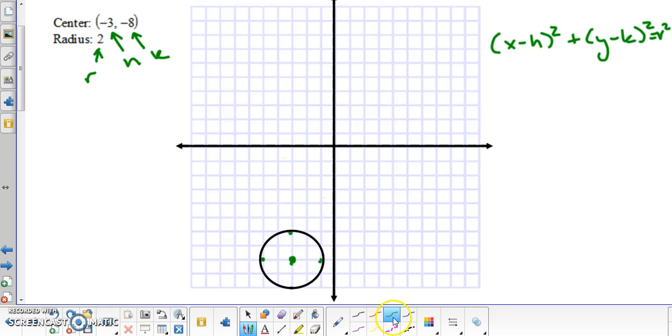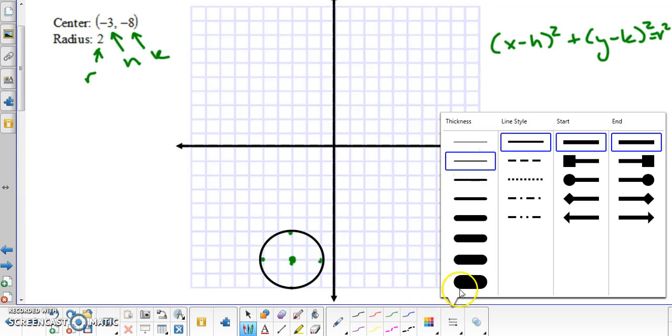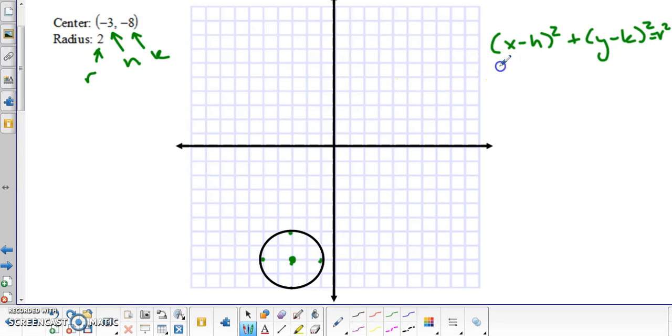Not r squared, but r. So I need to take this information and put this into that equation. So I would do that by going x minus h, where h is -3, so plus 3 squared, plus y minus k, so k is -8, so plus 8 squared, equals r squared, which is going to be 4, because that's 2 squared.